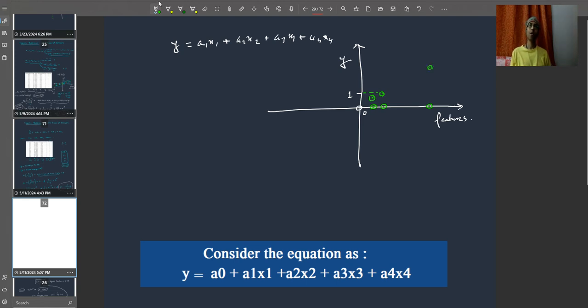Or let's say if the feature set is here, what would happen? It might just happen that y comes somewhere here. So this is well below 0, right? This is well above 1 because we are using our so-called linear regression format.